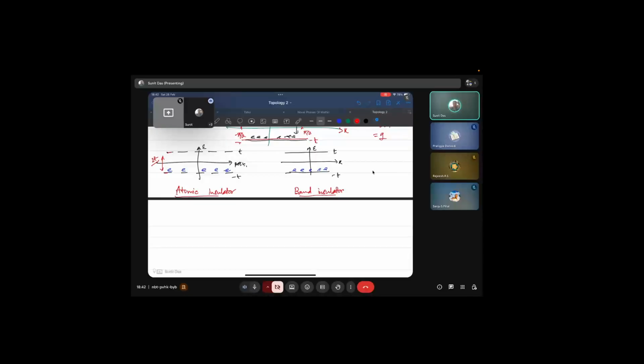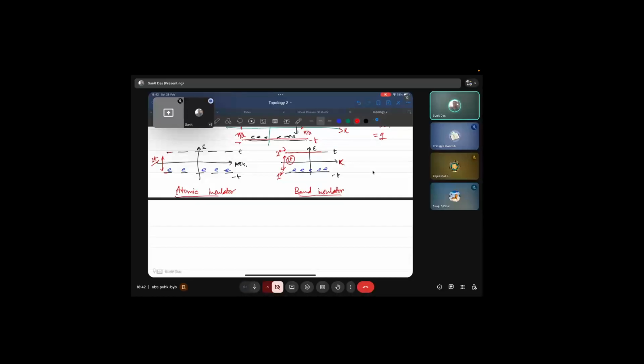And what makes it a band insulator is that we are in the finite band picture, right? So there is a continuous energy spectrum as a function of k, and there are two bands. So this is, let's say, the first band and this is the second band, and the first band is the lowest energy band, which is fully occupied. There are no energy states available, and that means there is a band gap between the first band and second band of the amount 2t.